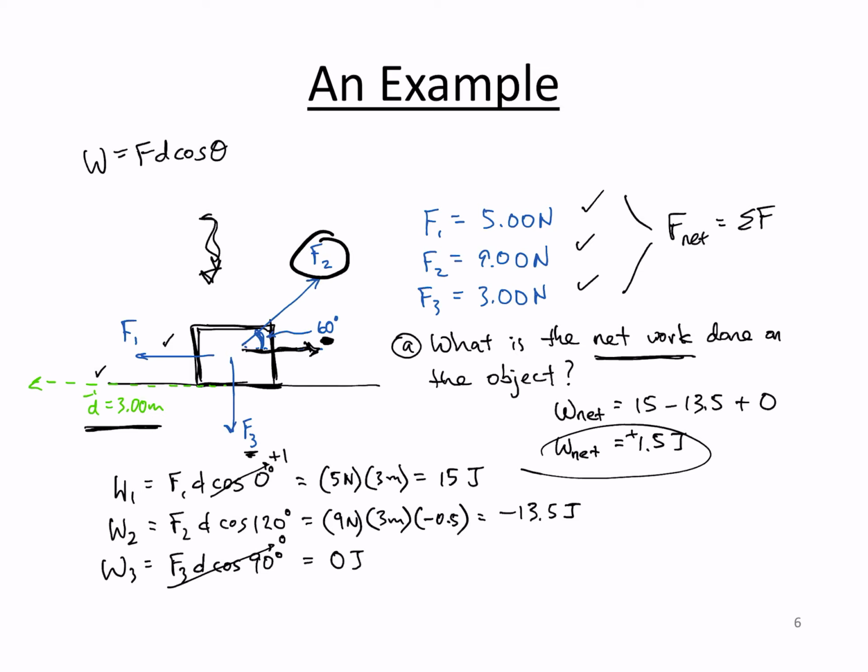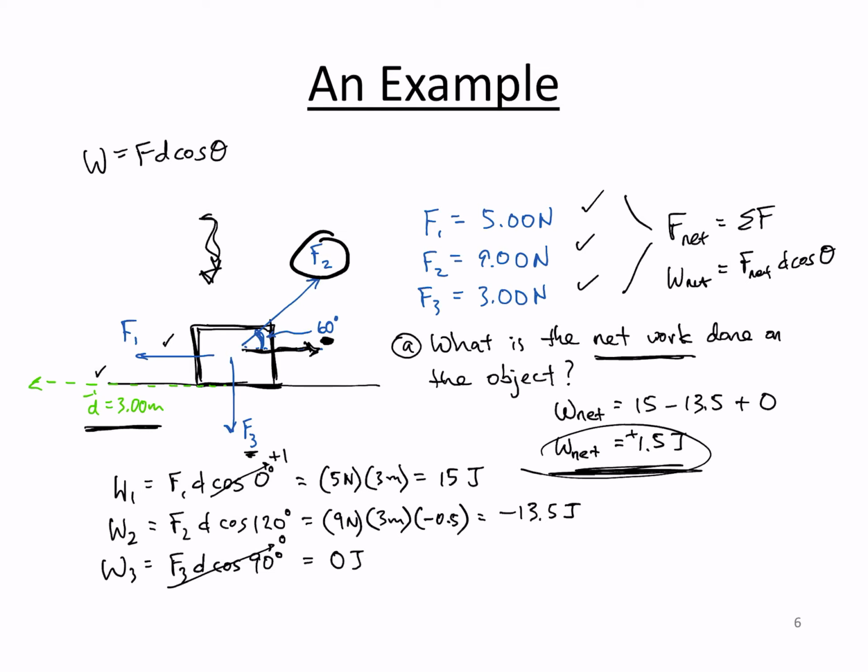And then you could find the net work by saying, well, if F d cosine theta is the case, then we just do this and do it out. If you do that, you come out to exactly the same number if you've done everything correctly. This one, I would argue, is quite a bit simpler if you just go force by force.